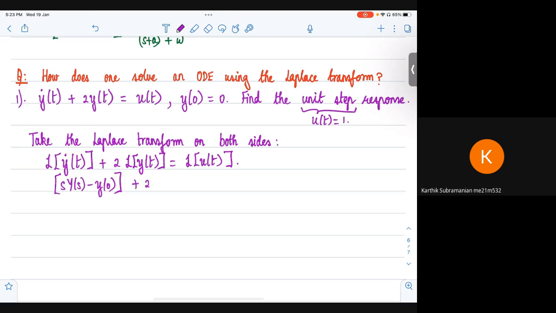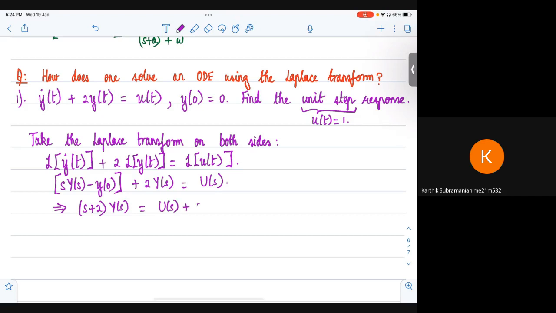Then we have plus 2 times capital Y of s, which is the Laplace of y of t. And let's say for the time being, the Laplace of u of t being U of s. Right now I'm just proceeding with this. I'm collecting the terms with capital Y of s, and then I am going to take the initial condition to the other side.